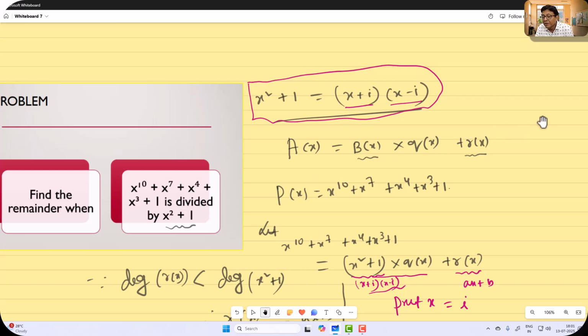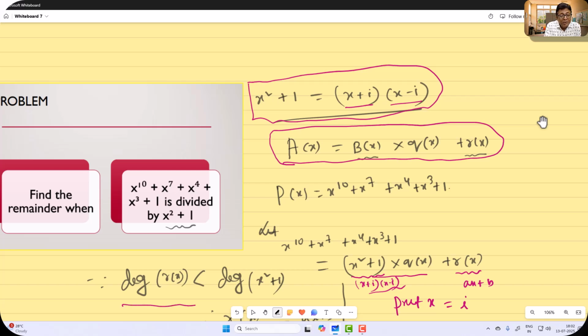Now another thing I would like to remind you: when you have used the division algorithm for polynomials, the remainder's degree always has to be less than the degree of the divisor. We don't know whether the remainder will be 0 or not, but not 0 in this case, as I have told you. So what will R(x) be? What do you suggest for R(x)?